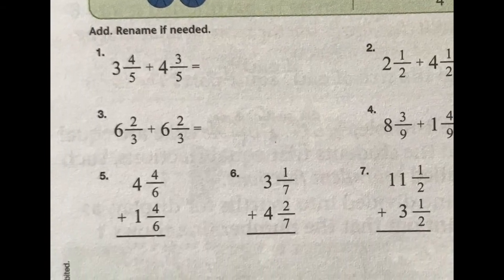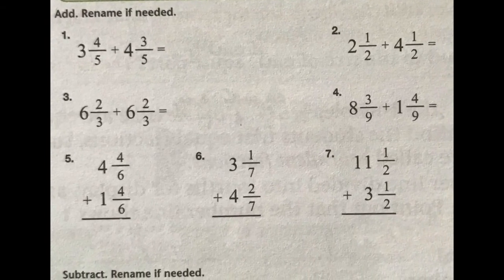All right, so let's take a look at number 1. We have 3 4/5 plus 4 3/5. First thing we want to do is add the whole numbers. So let's add 3 plus 4 is 7.